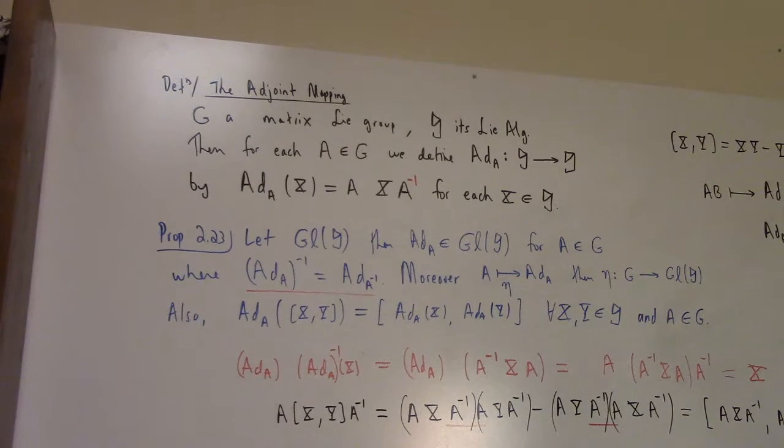Conjugation's complicated. There have got to be some Lie groups or Lie algebras for which it's an automorphism, and some that aren't. Automorphism means that it's a Lie algebra isomorphism. A Lie algebra isomorphism is an isomorphism in the sense of linear algebra that also preserves brackets.